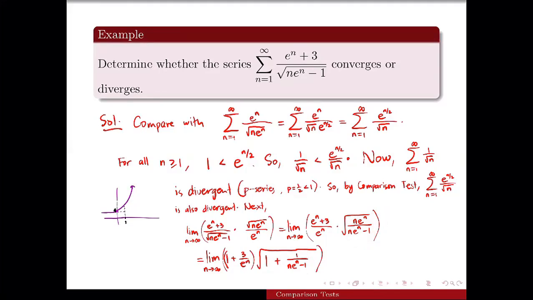But now, in this form, it is clear. As n approaches infinity, this will go to 0. This will also go to 0. So the limit will be 1. And again, it's a positive number. So by limit comparison test, you have this series here to be convergent.